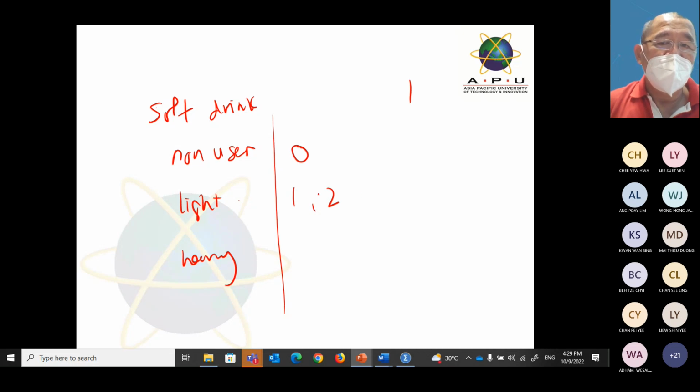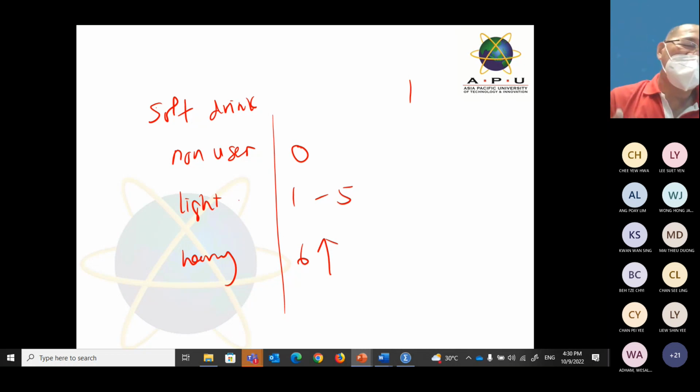But you can do it this way: 1 until 5, consider light user, and 6 and above, consider heavy user. For example, maybe in one week you drink 10 cans of the soft drink. Don't mention the name of the company, keep it general. So in some contexts, not always, we can do this.